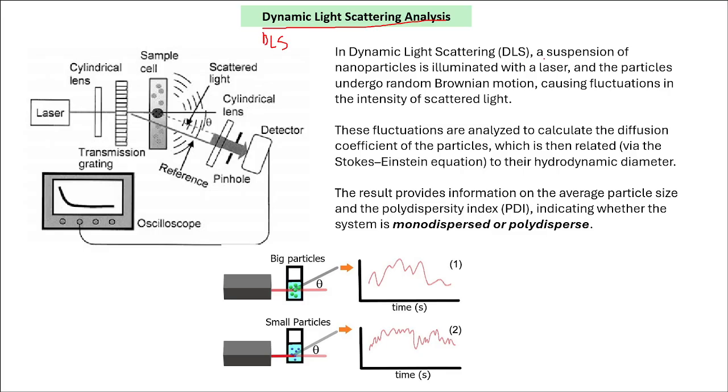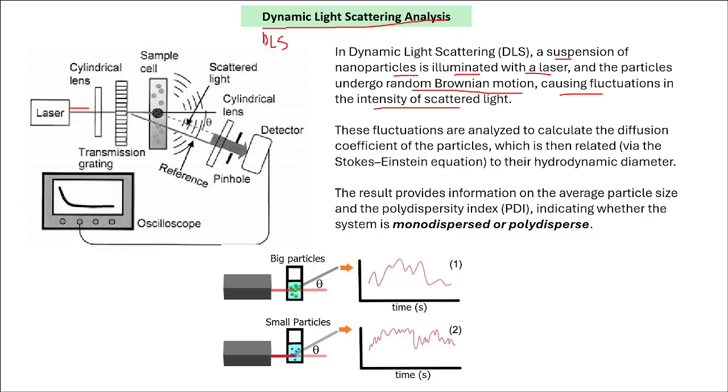So in dynamic light scattering, a suspension of nanoparticles is illuminated with a laser. This is the sample cell. You put your sample here and then you excite the sample with the laser, and the particles undergo random Brownian motion, causing fluctuations in the intensity of scattered light.